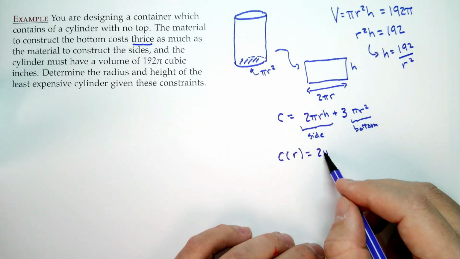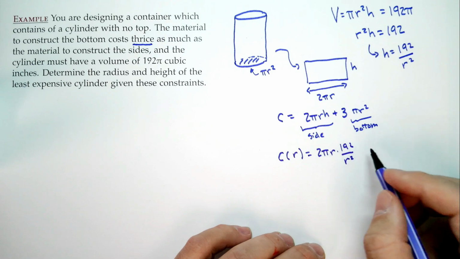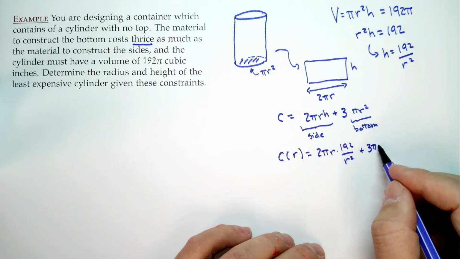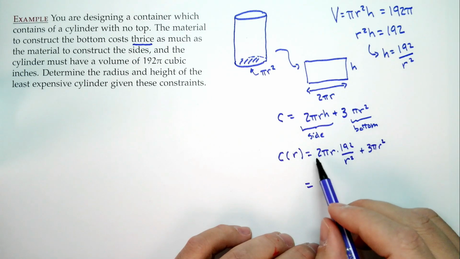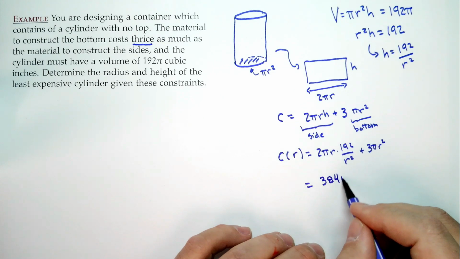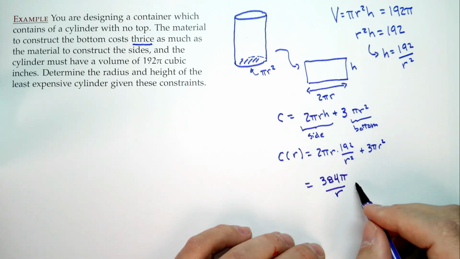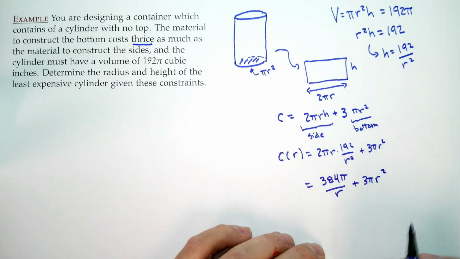So it's going to become 2 pi r times 192 over r squared plus 3 pi r squared. And before we take a derivative, let's clean it up. 2 times 192 is 384 pi divided by r plus 3 pi r squared.